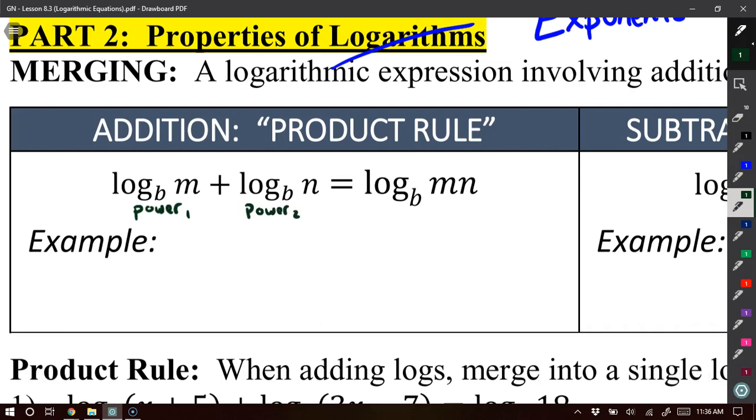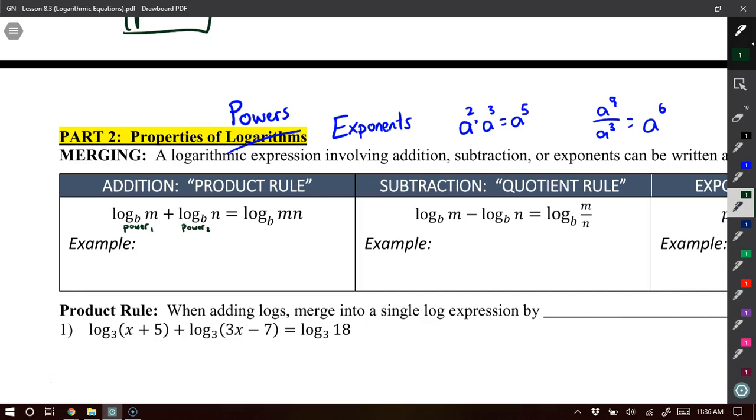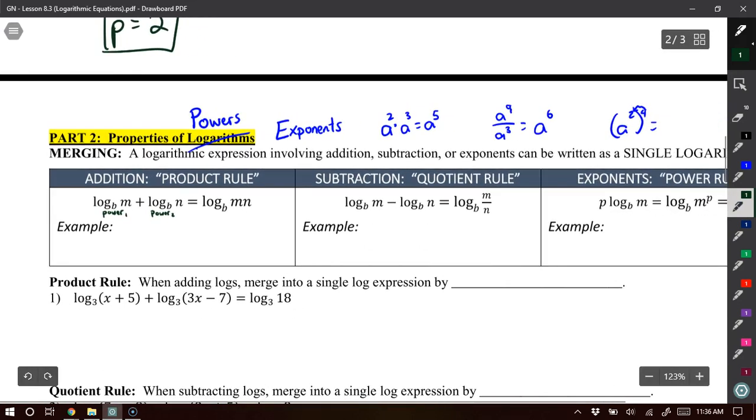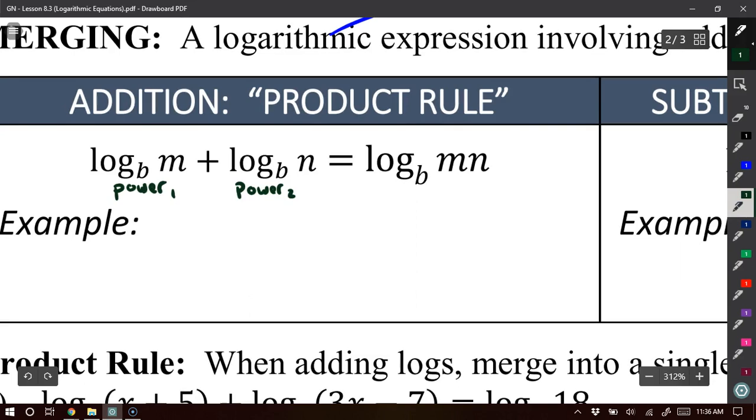So really what that left side of the equal sign is saying is I am adding two powers together. So let me take a look. When do we add two powers together? Well, we added two powers together with our product rule. And so notice, what do you end up doing to the two values, your m and your n? I take these two and I can merge them into a single logarithmic expression by multiplying them.